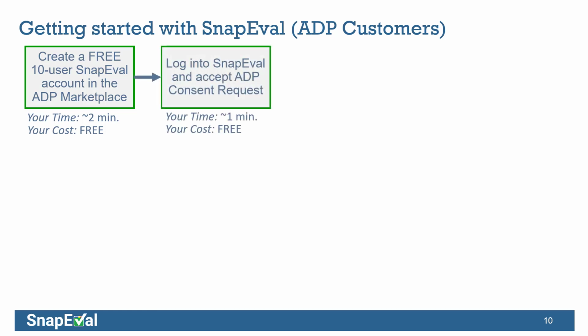When you go through that process of signing up for it, you'll want to sign into your account because there's a consent request form that ADP presents you with that allows us then to populate your account with information from your ADP payroll tool, such as emails and names and reporting relationships and departments and that kind of information, just basic things that come from ADP that make it very, very easy for us to configure and maintain your SnapEval account and minimize the amount of administration to manage SnapEval because it's, again, all integrated with ADP.